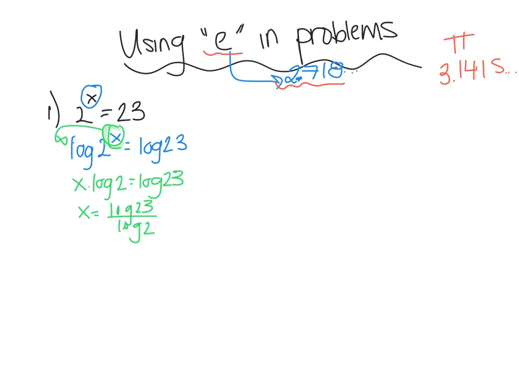Then we can quickly get that value on our calculator. So log of 23 divided by log of 2 is about 4.52. I do this problem just as a quick reminder of solving exponential equations with logarithms.